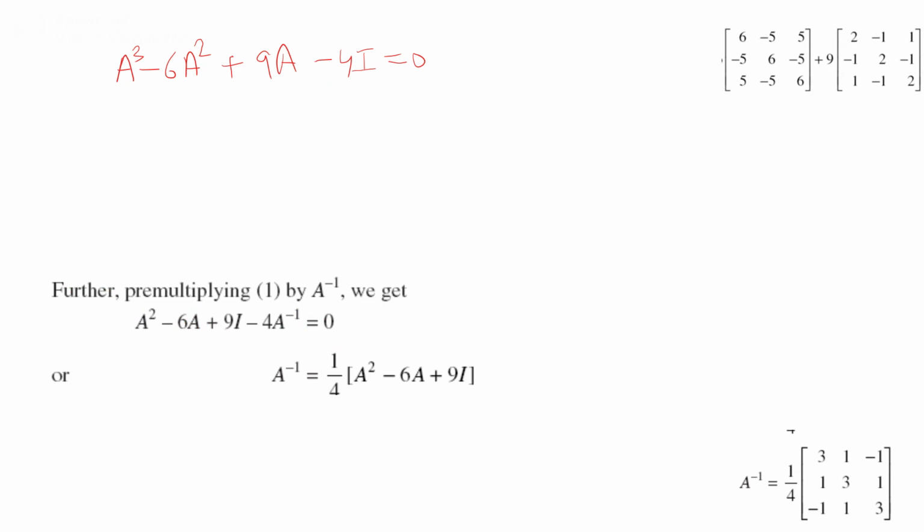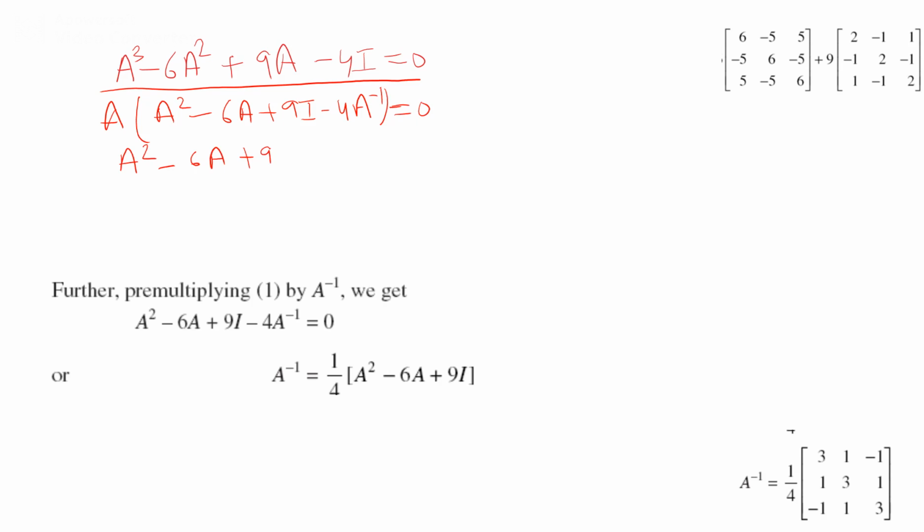So when the Cayley Hamilton theorem is verified, we can find the inverse. How do we write the equation? Take A as common. So we write A square minus 6A plus 9I minus 4 A inverse is equal to 0.